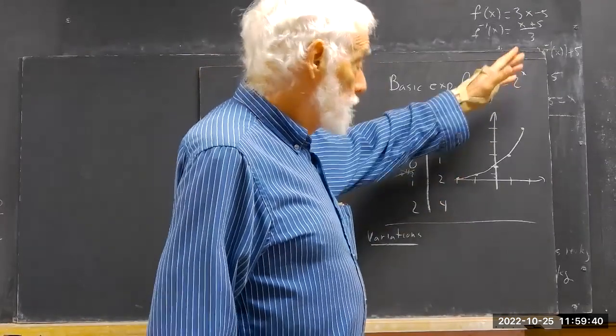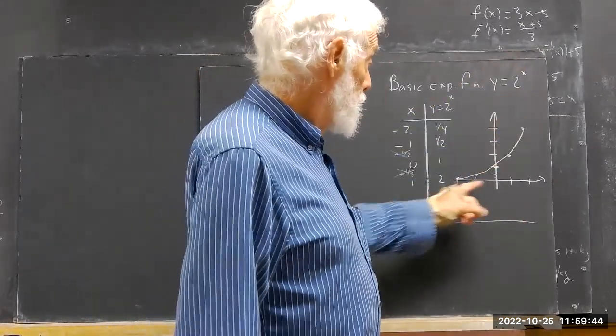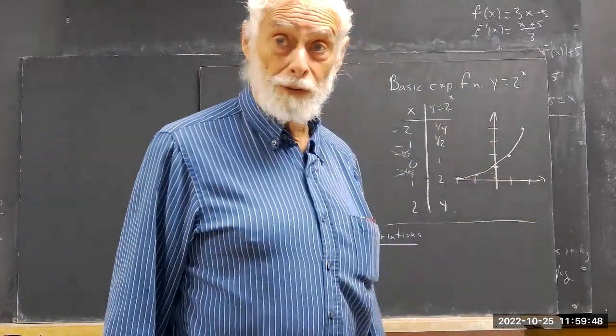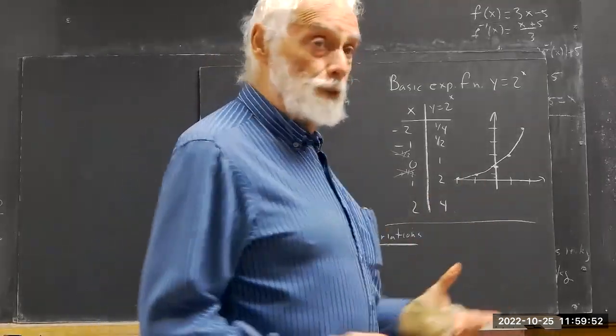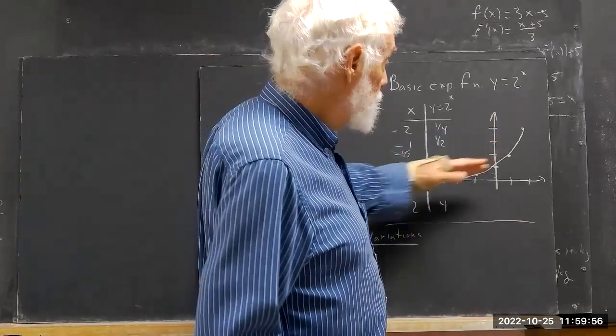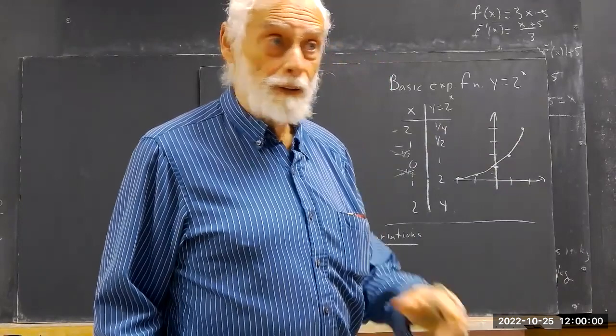An increasing exponential function is going to have this shape, and we can put any numbers on the x-axis we want, any numbers on the y-axis. That just corresponds to transformations.